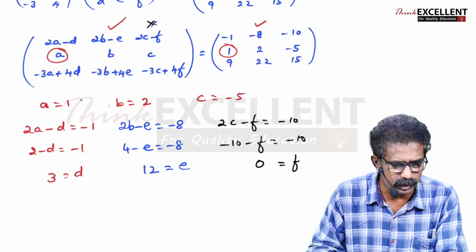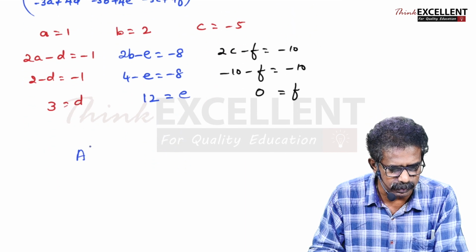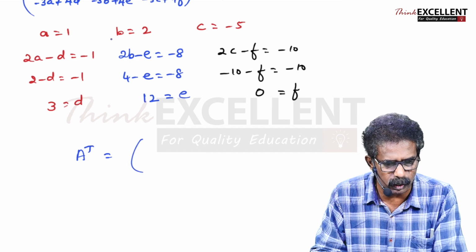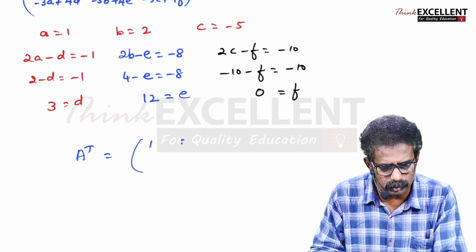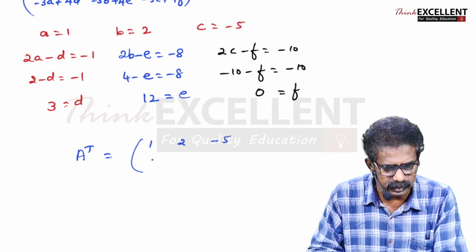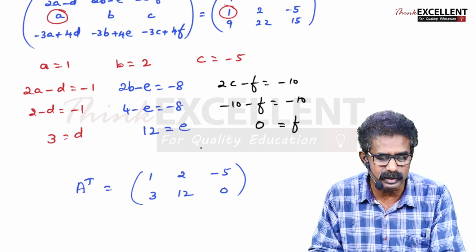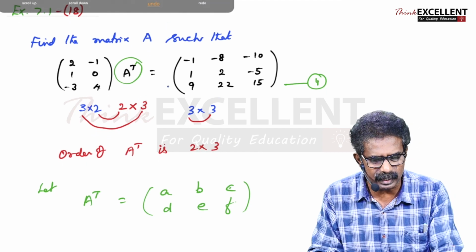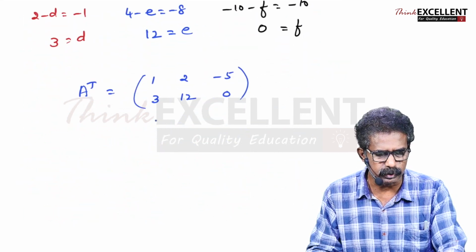So now you can write A transpose. A transpose is first row A, B, C. What is A, B, C here? 1, 2, minus 5. Second row D, E, F, that is 3, 12, 0. This is A transpose. Don't stop here. We are supposed to find the matrix A. You are getting A transpose. Now we take the transpose of this, right?